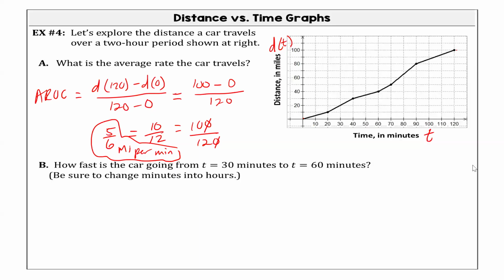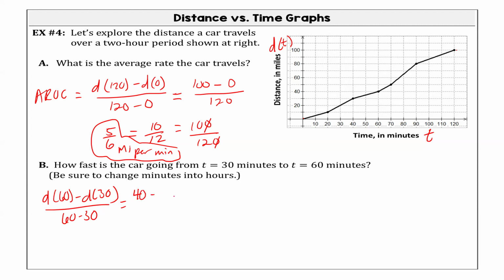Okay, so the first thing you had to do is set up to find your change. So for here, we have D of 60 minus D of 30 all over 60 minus 30. Yes? That's our AROC setup. What was D of 60? D of 60 is 40.